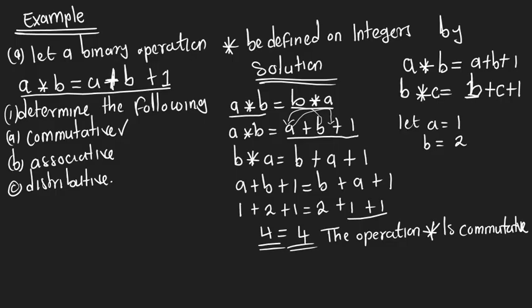Okay, let me work it out. Associative simply states that if you have A star B star C, that can also be written as A star, then B star C. That's what we said.